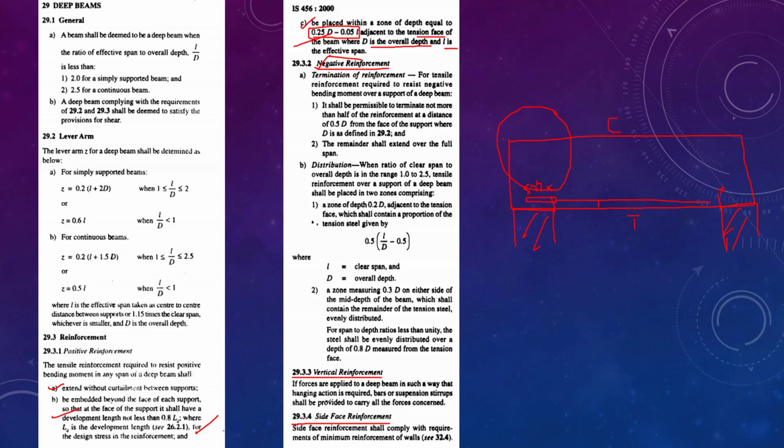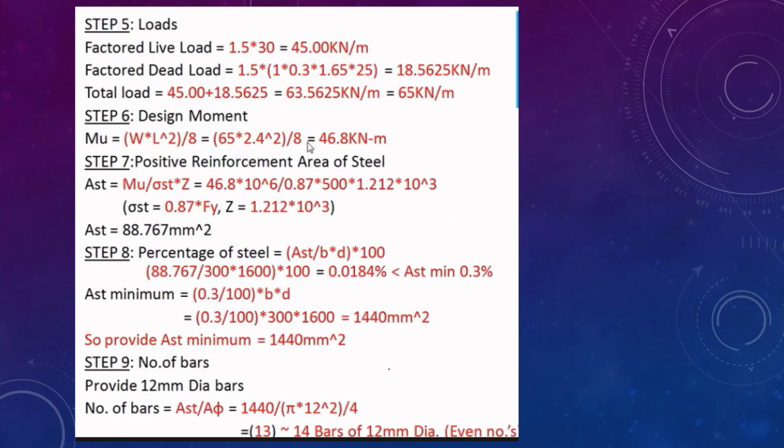And regarding 29.3.4, side face reinforcement shall comply with the requirements for the minimum reinforcement for walls. So this is directly linked with the minimum reinforcement for walls, and there are some guidelines for the vertical reinforcement also.